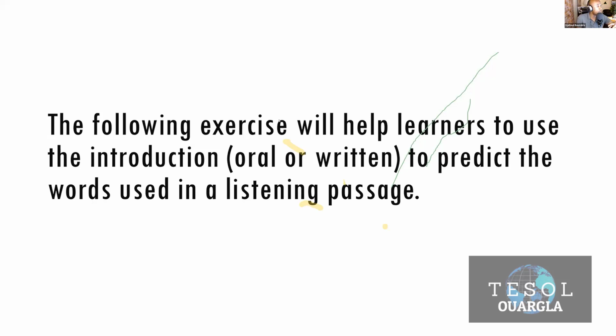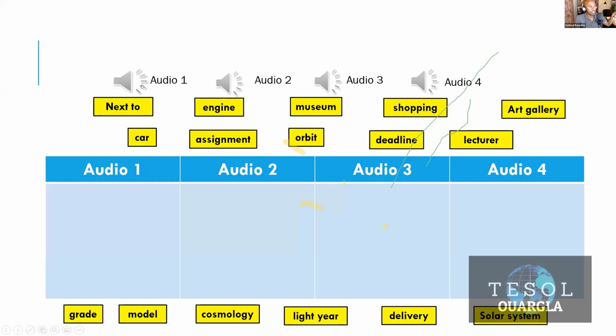By doing this, let me give you an example. This is the same audio. You can work with the same audio, which is better. Let's look at number 1. You will hear a telephone conversation between a car salesperson and a customer. What are the words that are likely going to be heard in this particular situation?